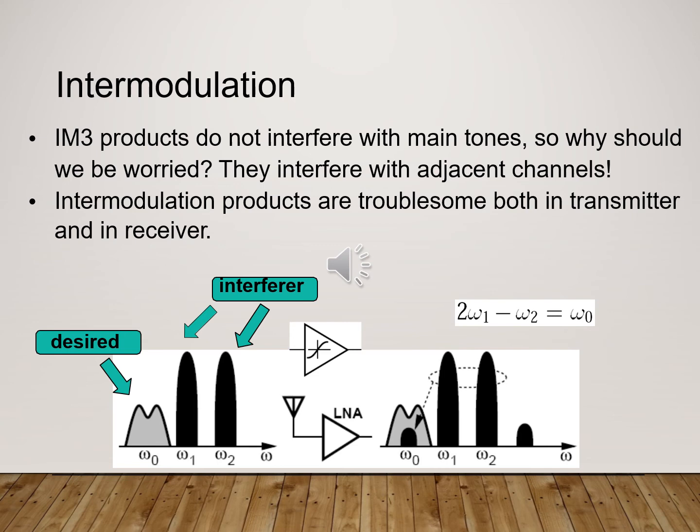Intermodulation products are troublesome both in a transmitter and a receiver. We can get rid of them by strictly measuring the linearity, working just in the linear region, and avoiding extensive use of diodes and amplifiers.